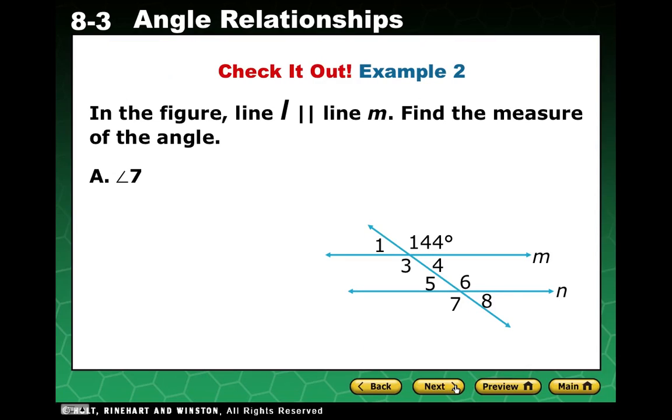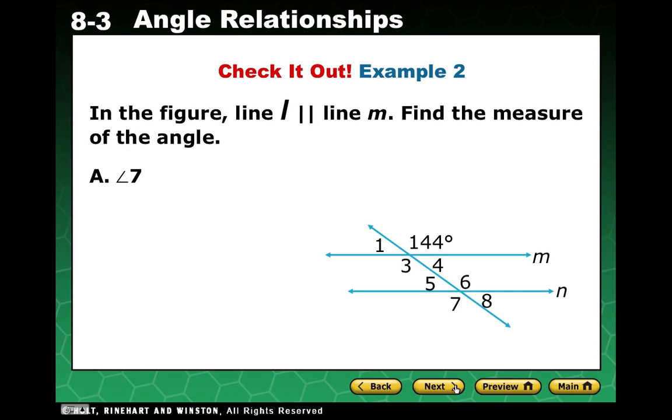Okay, so these two lines, line M and N, even though it says L and M, line M and N are parallel. So we're finding the measure of angle 7. So angle 7, angle 6, angle 3, and that 144 degree angle, those are all congruent.